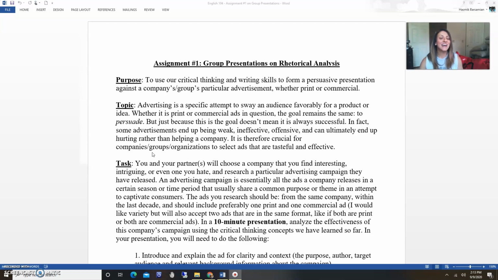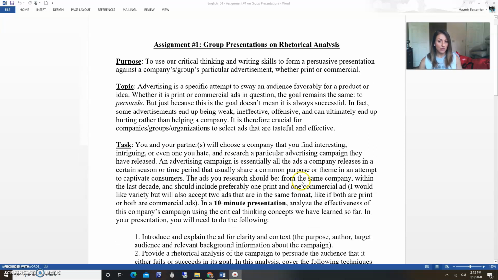So I do want to throw these little examples out there just to get the wheels turning, and so you can see that just because an advertisement is popular and it's on TV and it's widely circulated in our audiences, it doesn't mean that it's going to be rhetorically strong. A rhetorically strong campaign is going to have very specific techniques that are all working together in a strong way.